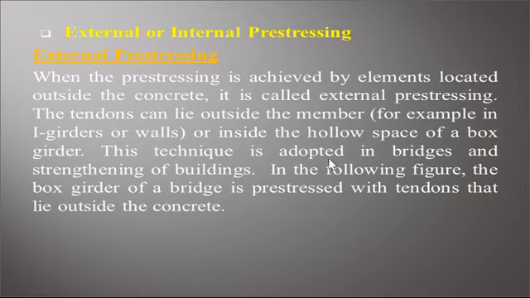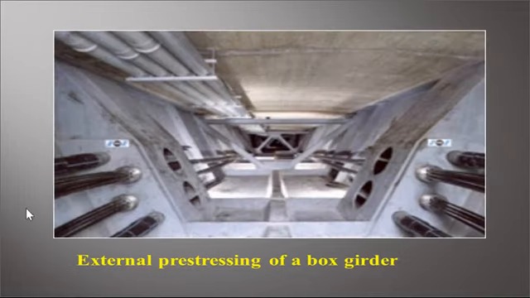This technique is adopted in bridges and strengthening of buildings. In the following figure, we can see the box girder, external prestressing of the box girder. These are the prestressing wires, or we can say the tendons. And using this, we have truss, and this is the hollow portion, that is the box girder.